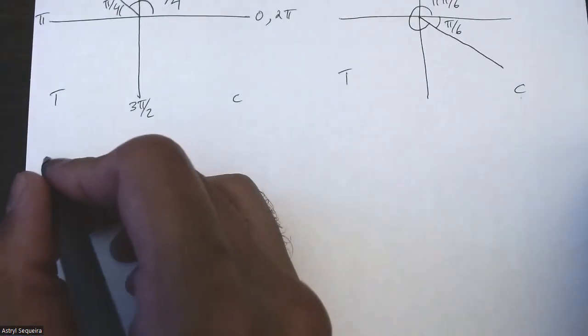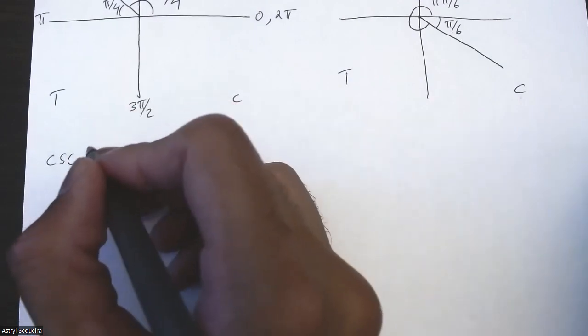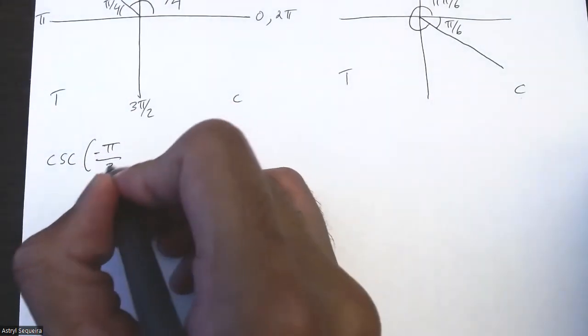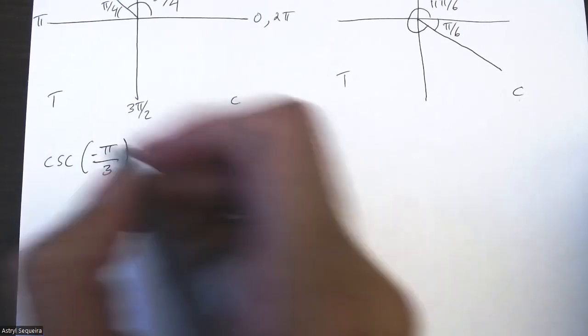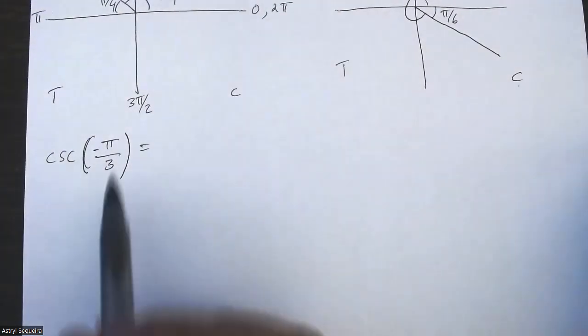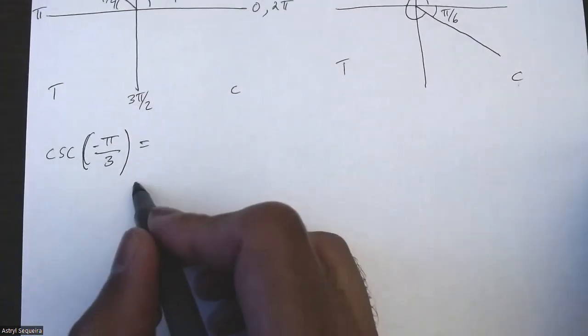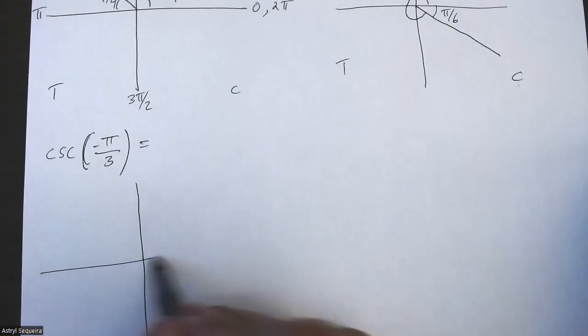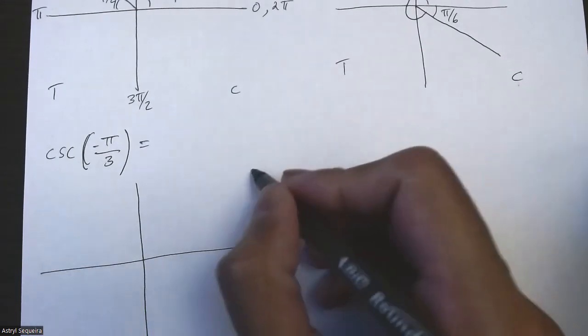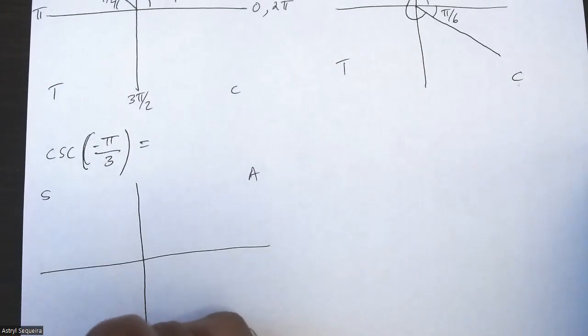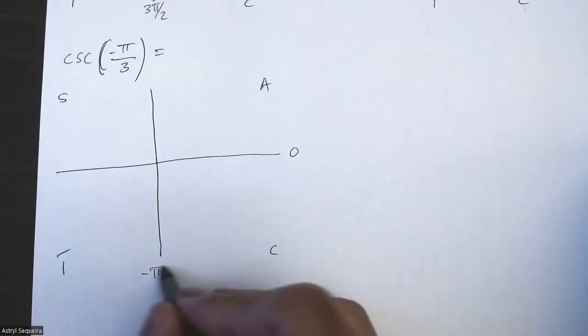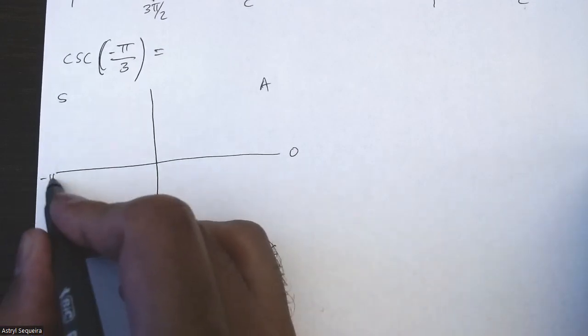Next example is cosec of negative pi over 3. Now, when we have a negative angle here, all that means is it changes the direction in our CAST rule. We go from counterclockwise to clockwise. So if I was thinking of negatives, I start with 0 over here. This is negative pi over 2. This is negative pi.